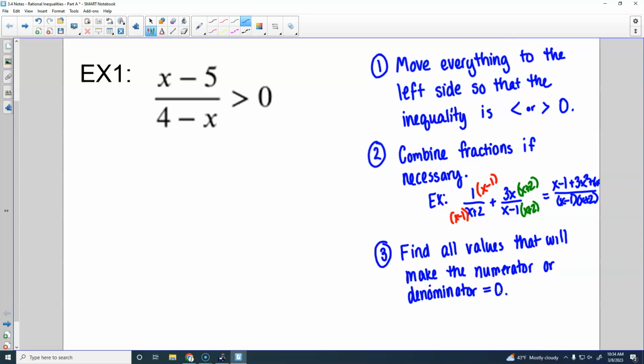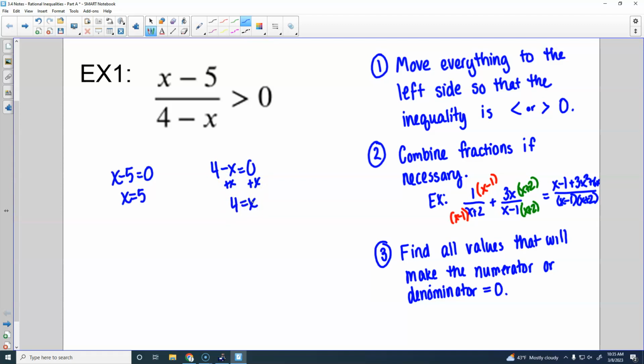So we are looking for anything that will give us a 0 in the numerator or the denominator. We're just taking our numerator, which is x minus 5 here, and setting that equal to 0. We will get x equals 5. In the denominator, we will have 4 minus x. We want to see where that would equal 0. If we add that x to both sides, we get 4 equals x.